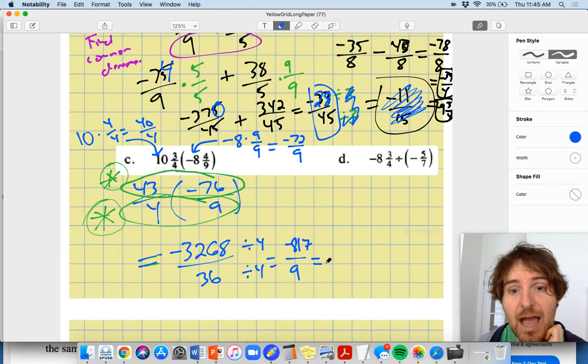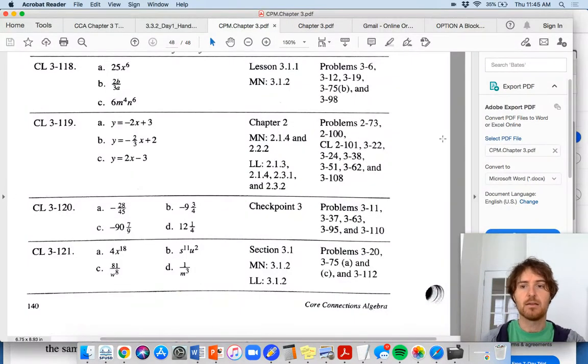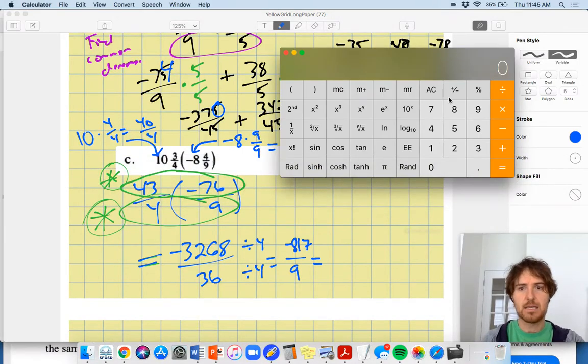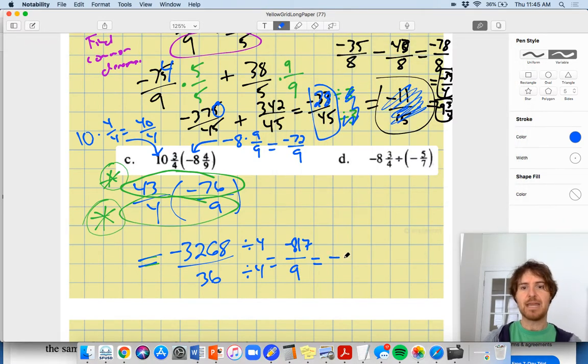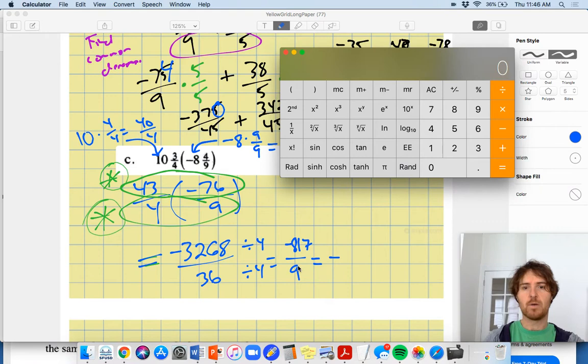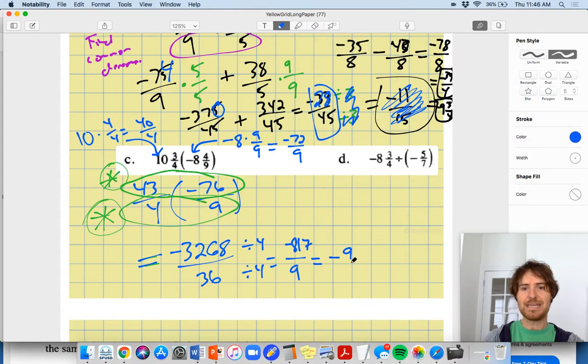Okay, so if I were to do the work to convert this to a mixed number, I would take 9 and multiply it by 90. That will get you to 810. I need to get 817 though, so it's 7 too small. I multiplied by 90, so this is negative 90 and 7/9. And that's what we have.